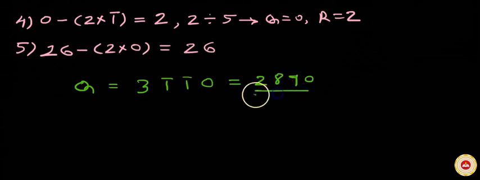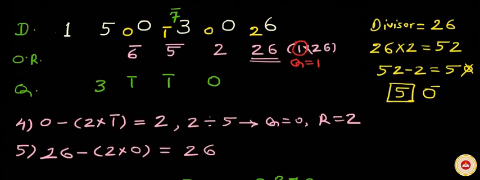Okay, quotient is 2890. But friends, this quotient is for 52 and not for 26, because to calculate negative osculator we multiplied original divisor 26 by 2, a suitable multiple, and got 52, and out of this 52 we calculated negative osculator 5.